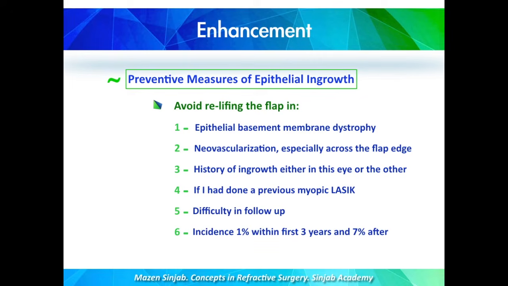We have to know that the incidence of epithelial ingrowth is 1% within the first 3 years after previous LASIK treatment, and it increases to 7% when we do the relift of the flap after 3 years of the previous LASIK treatment.